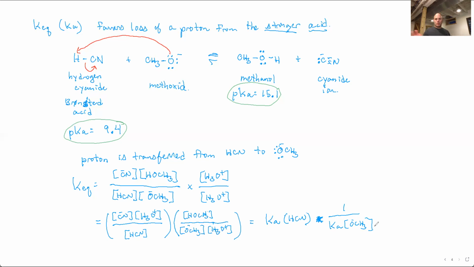And these are going to be 10 to the minus the pKa's. And so this is going to be 10 to the minus 9.4 times 1 over 10 to the minus 15.1. And if you do that math, it's 10 to the 5.7 equals KEQ.